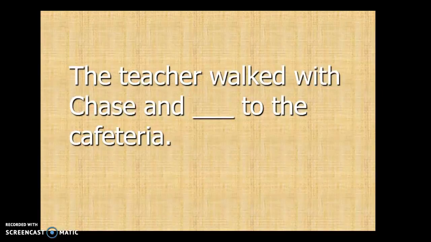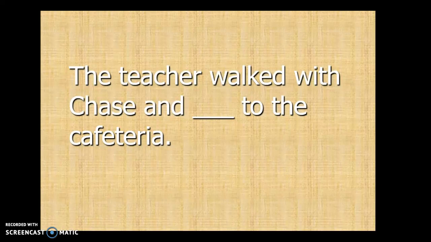Okay, try this one. The teacher walked with Chase and I to the cafeteria. The teacher walked with Chase and me to the cafeteria. Now you have a preposition there. Think in your mind if you can identify the preposition. The preposition is with. So would you say with Chase and me?